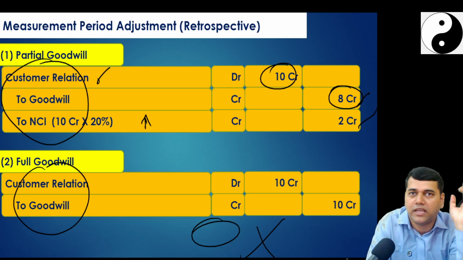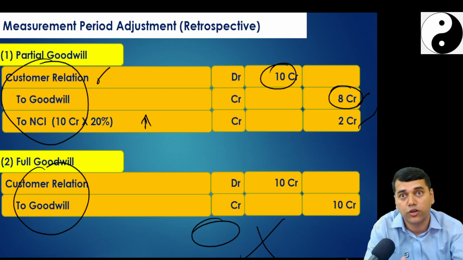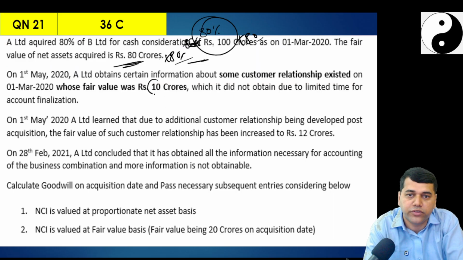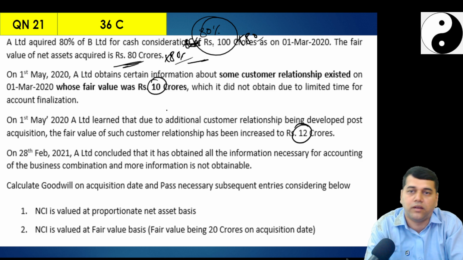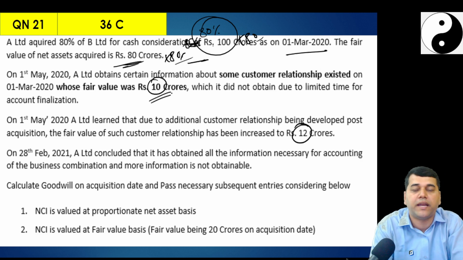Again, which 12 are you talking about? So I will go back to the question. Are you talking about this and this? Yeah. On the acquisition date, 1st of March, you acquired a brand.